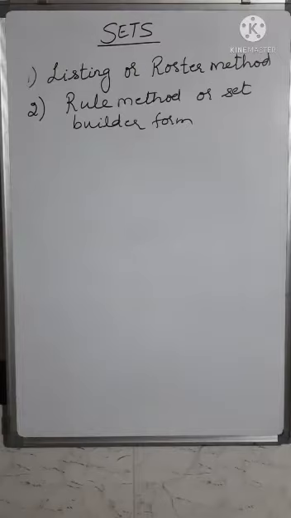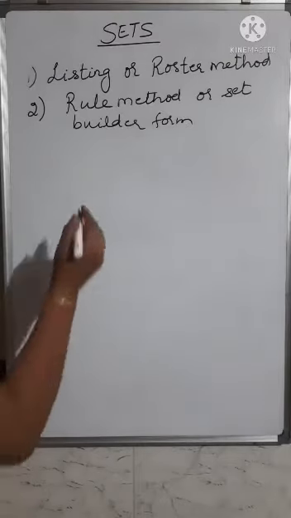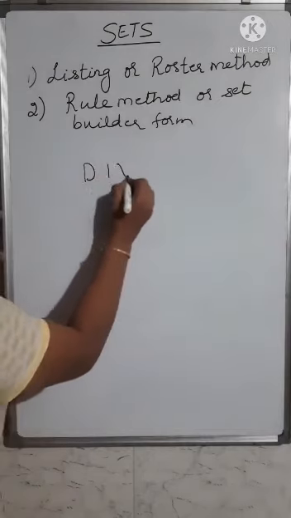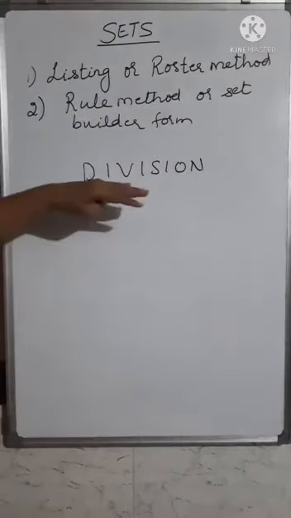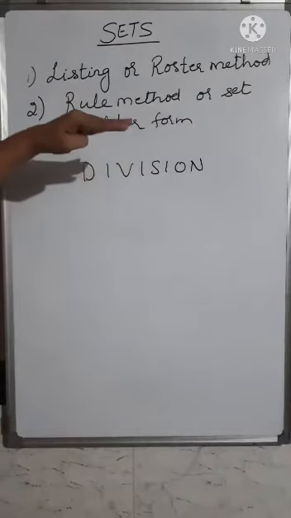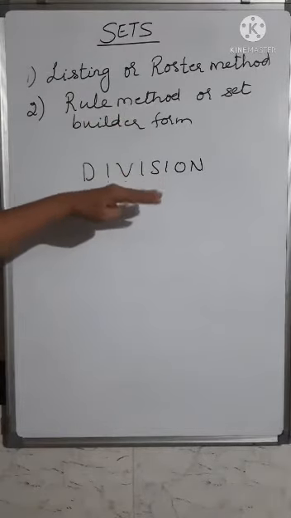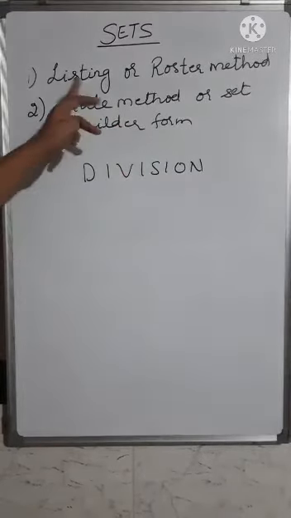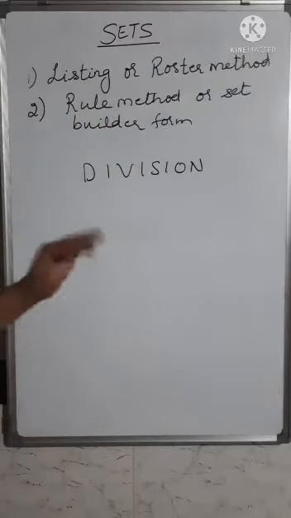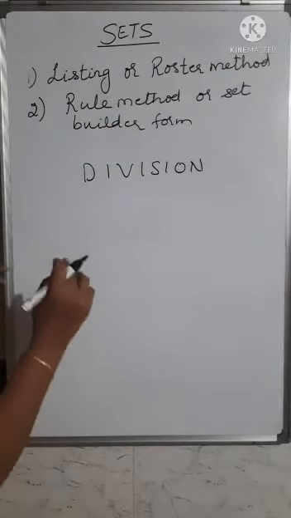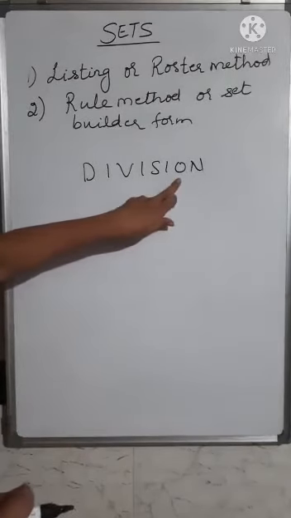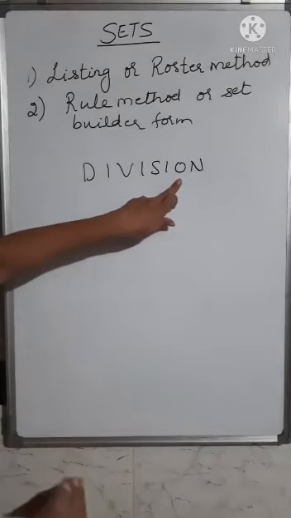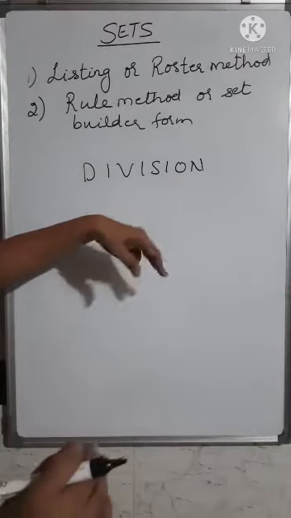Now for example, if the word DIVISION is given, the question will be, write the alphabets of the word DIVISION using the listing method. In that case, what you have to do is write down all the alphabets of this word DIVISION without repeating the alphabets. You should not repeat the alphabets.